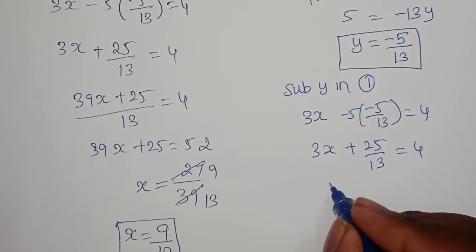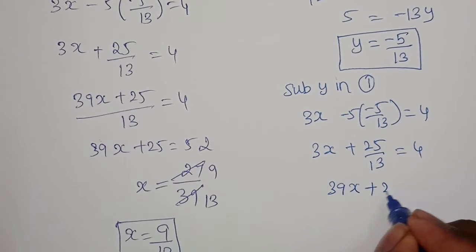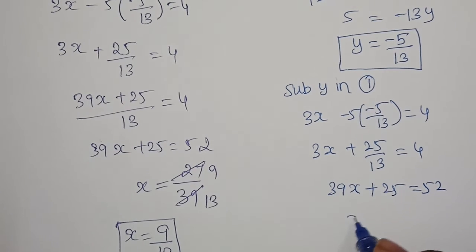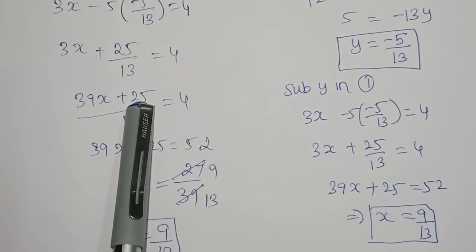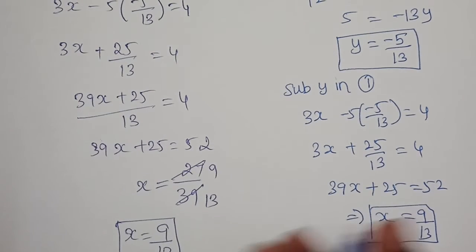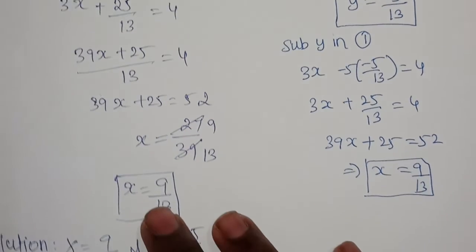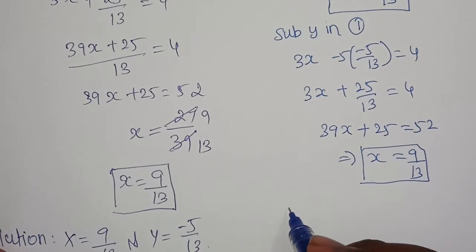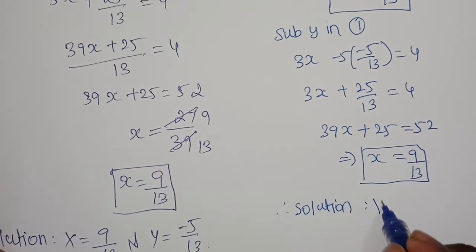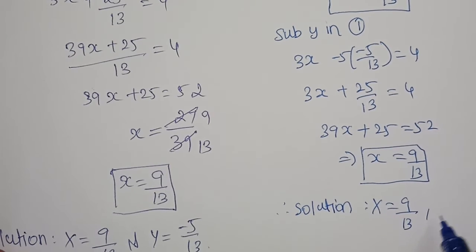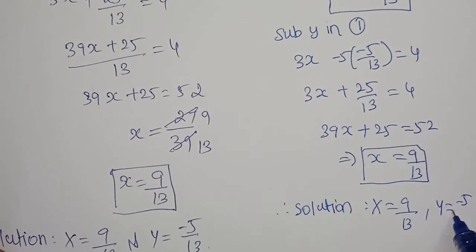Taking LCM, we get 39x plus 25 equal to 52, which gives x is equal to 9 by 13. Don't worry, I have already explained this step in the elimination method itself, so the same step will be repeating. Therefore, the solution is x is equal to 9 by 13, y equal to minus 5 by 13.